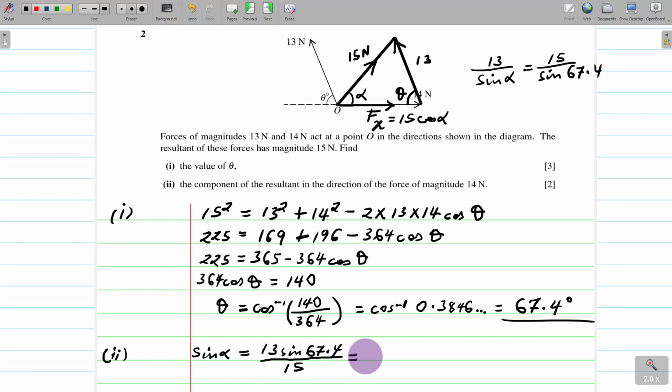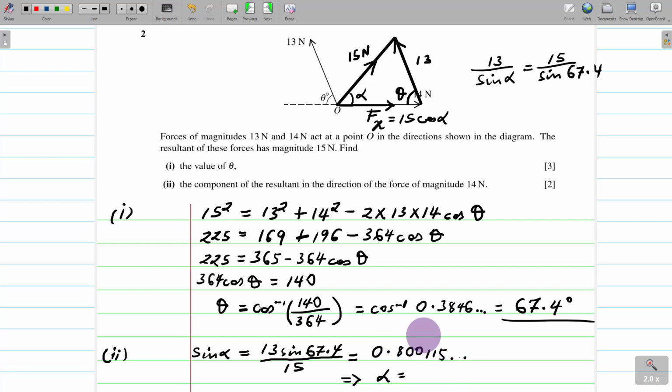Let's see what that gives us. So this sine alpha gives me 0.8000115, and that number is recurring like that. I can go right ahead and get the alpha by doing the sine inverse of this number here.